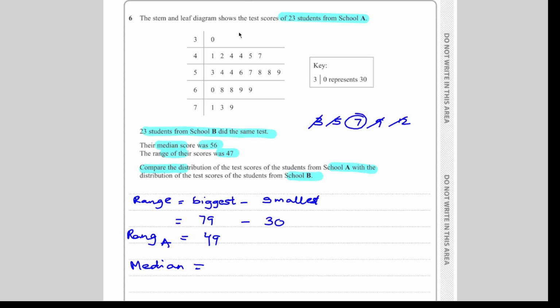So no matter where you are getting a stem and leaf diagram, still you need to cut off the data. So let's cut the smallest one, biggest one, the first one, the last one, the first one, the last one, cut them off. Second one, the second last one. Like that, let's cut them off.